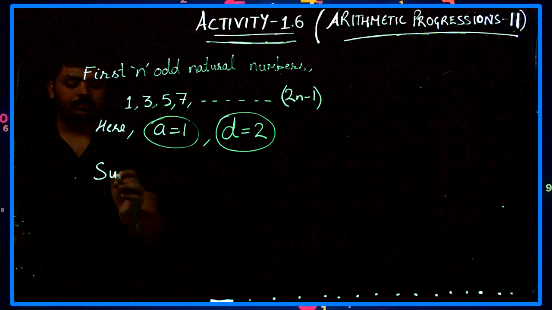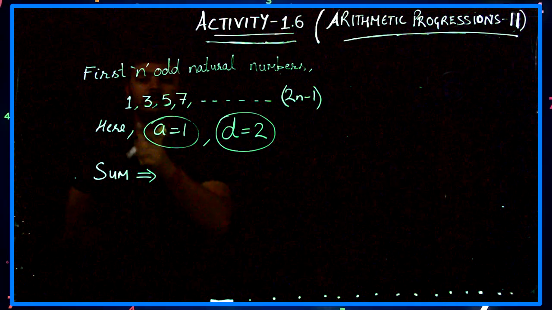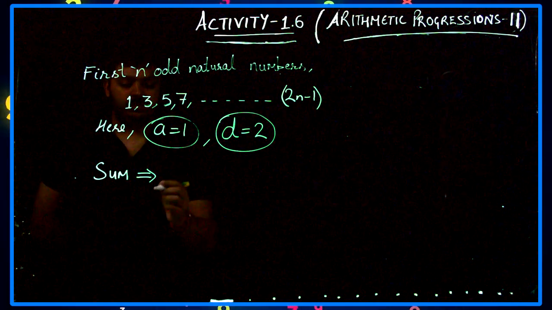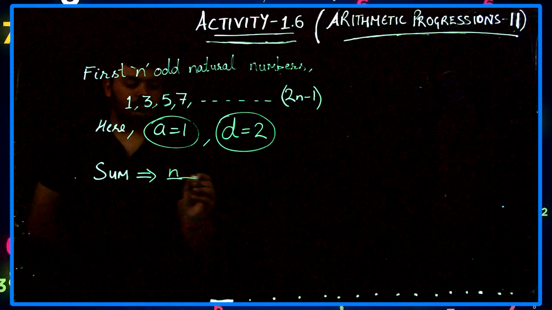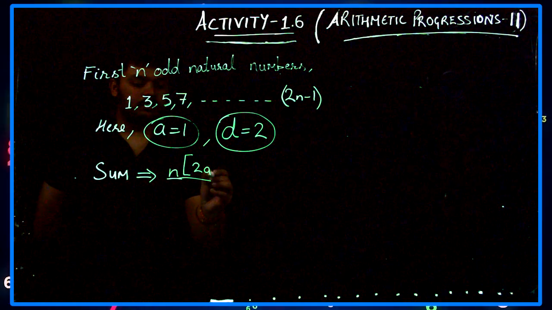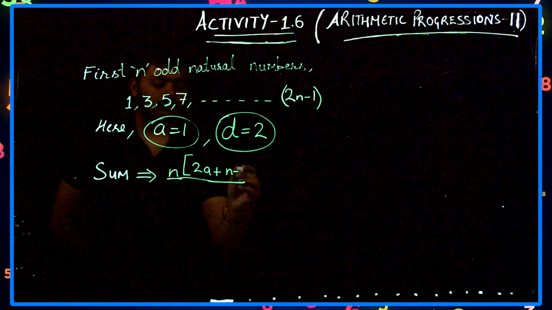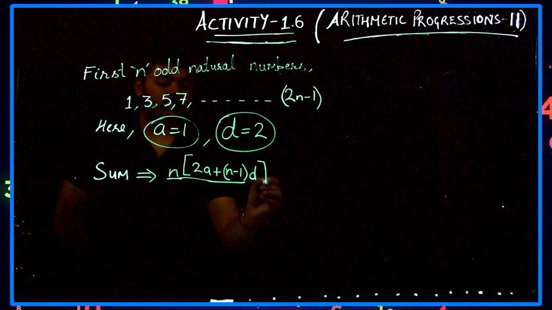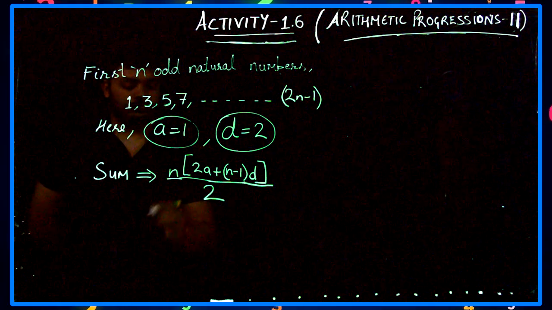The sum of the given progression, that is 1, 3, 5, 7, 9, the sum of odd natural numbers, so the formula to find the sum is n into 2a plus n minus 1 into d, upon 2.